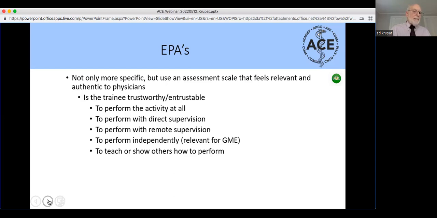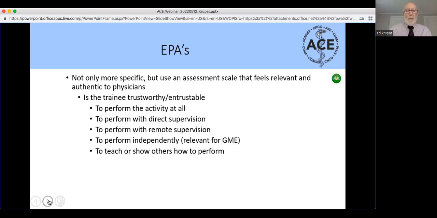And one of the things that bothers me about the 13 AAMC core EPAs is that nowhere in there do you see anything about communication. I've written and complained that communication is a task, a behavior that should be and must be included, and that there's lots of literature to show you can assess it.